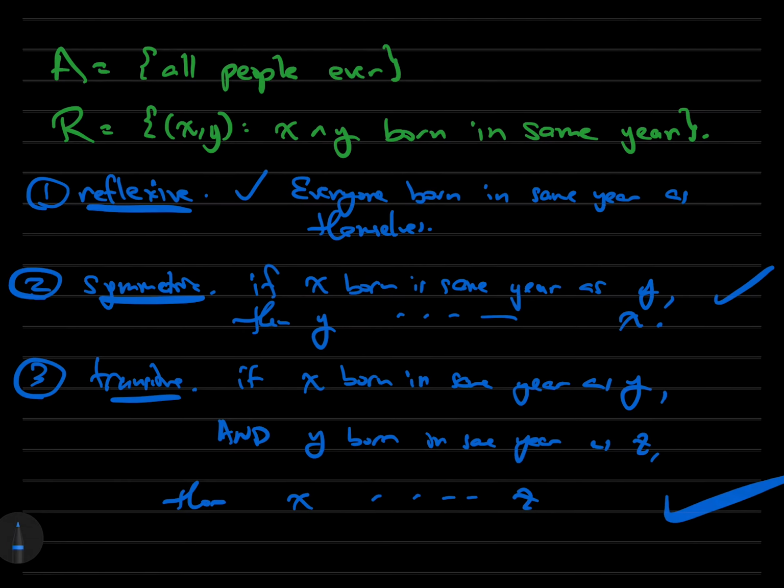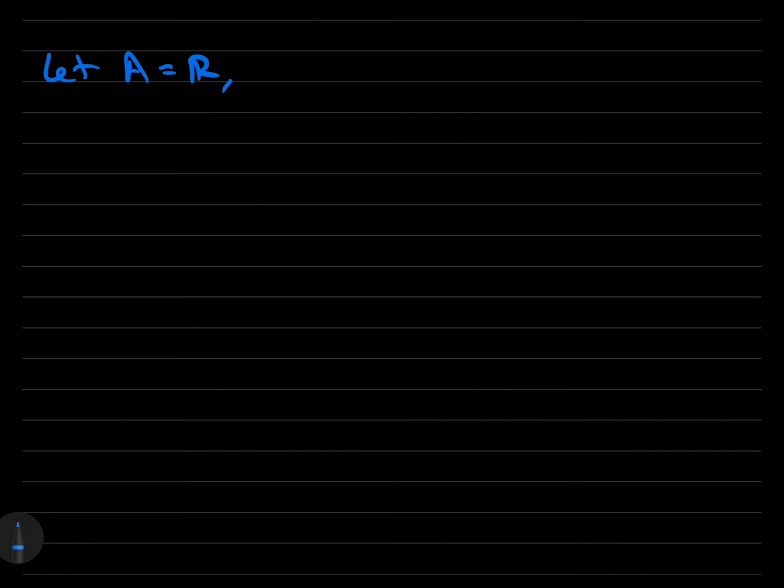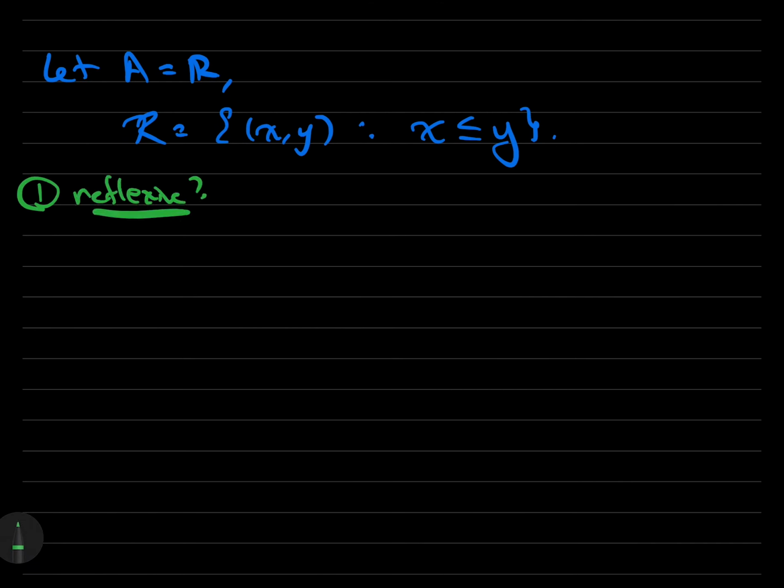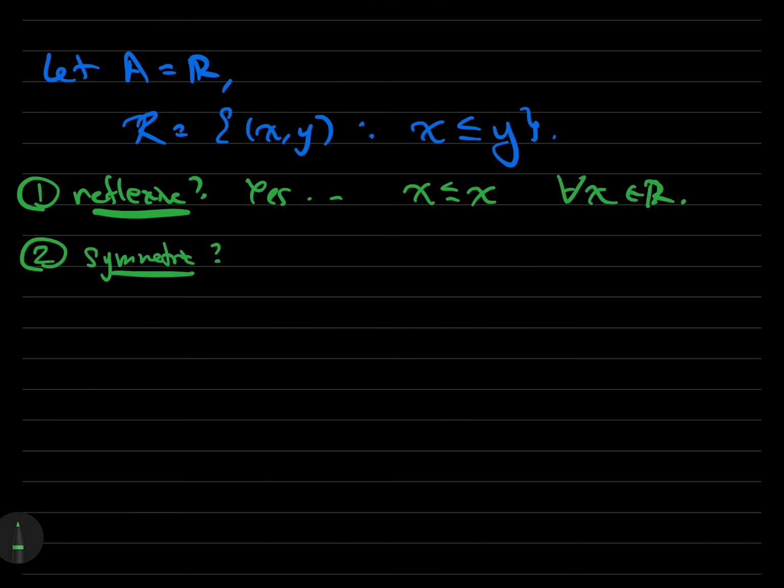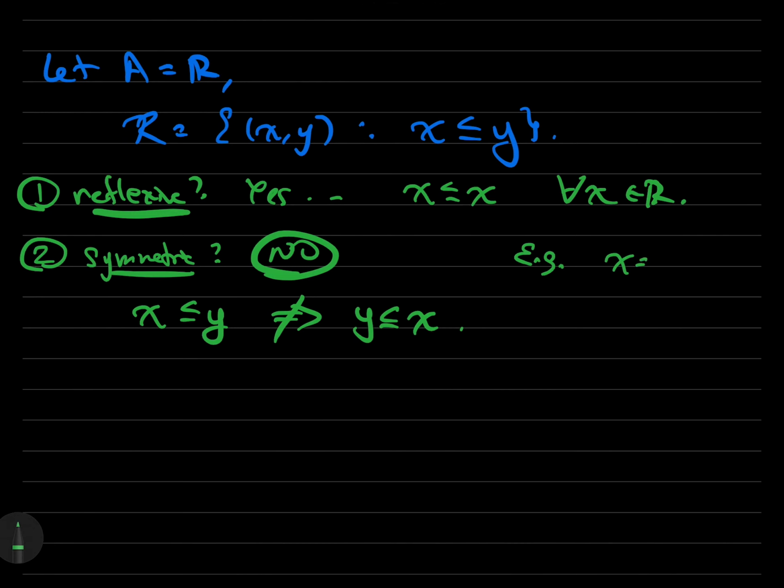All right, another example. Let's let A be the real numbers, and let's define the less than or equal to relation. So R is the set of all pairs of real numbers (x, y) such that x is less than or equal to y. Is this an equivalence relation? Let's go through. First of all, is it reflexive? Yes. For any x, x is less than or equal to x, so it is reflexive.